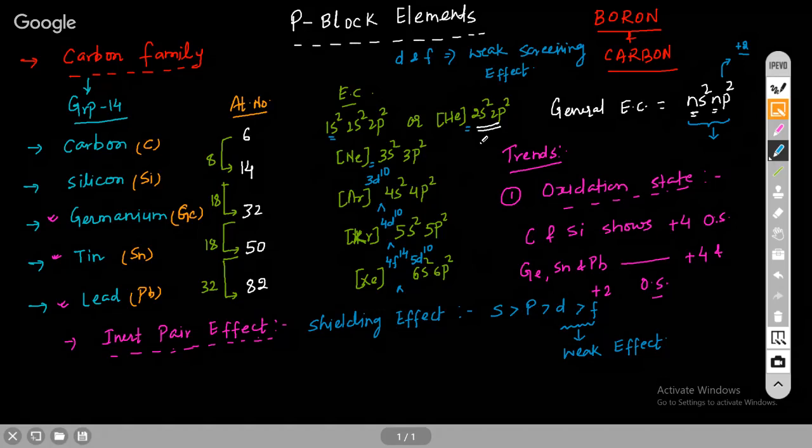That's why the 4 electrons present in carbon and silicon are weakly bonded to the nucleus because of the strong shielding effect of s and p orbitals. Since these 4 electrons are weakly bonded, they may take part in the reaction, and that's why carbon and silicon show +4 oxidation state. Is it clear?